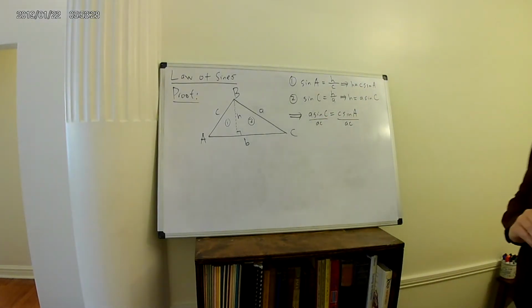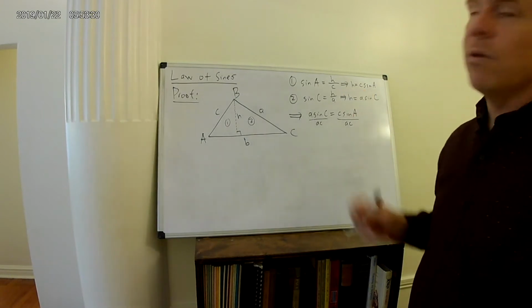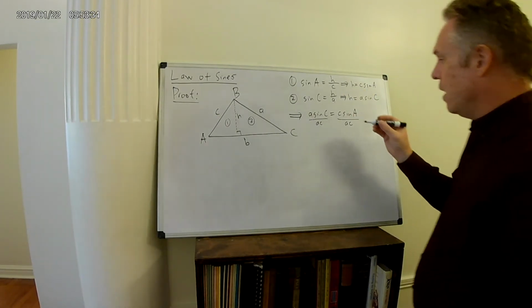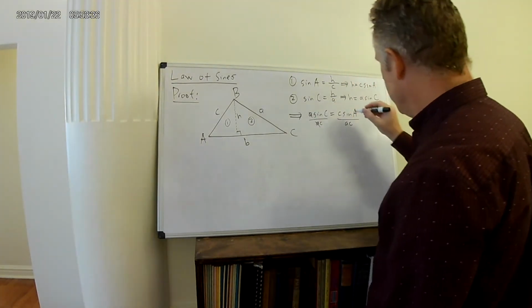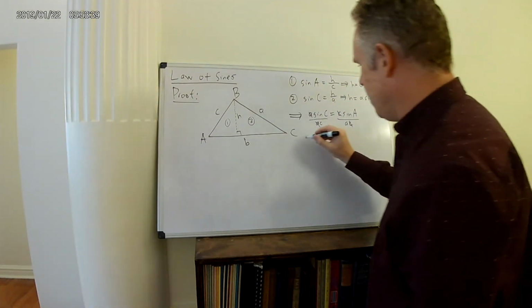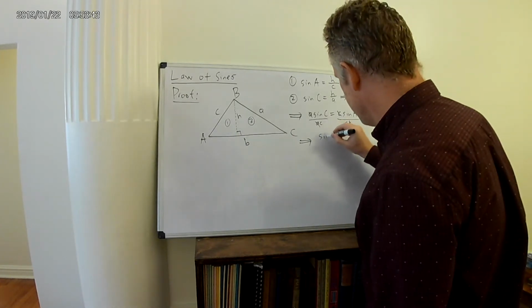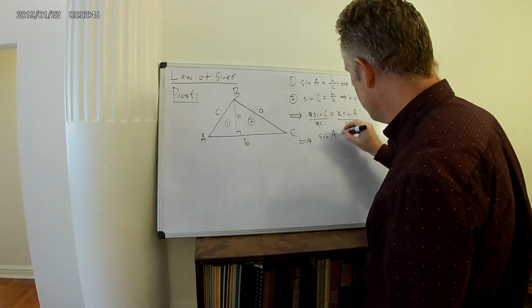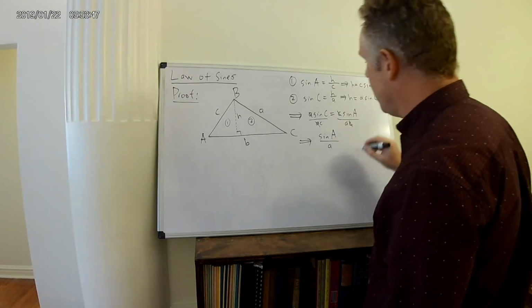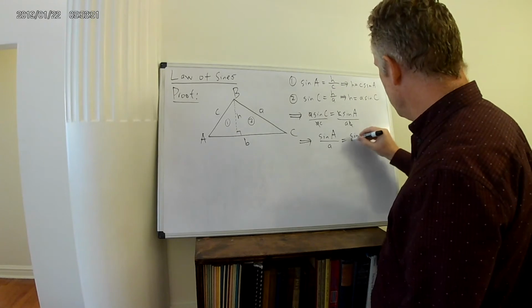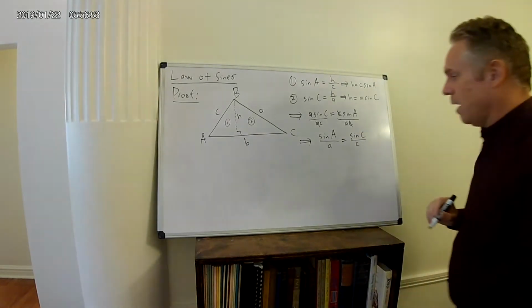Is that legal? Of course it is. I can do anything I want to one side as long as I do the exact same thing to the other. If I do this, the A's cancel out here, and the C's cancel out here, and this leads me to this equation: sine of angle A over the side length A equals the sine of angle C over the side length C, okay?